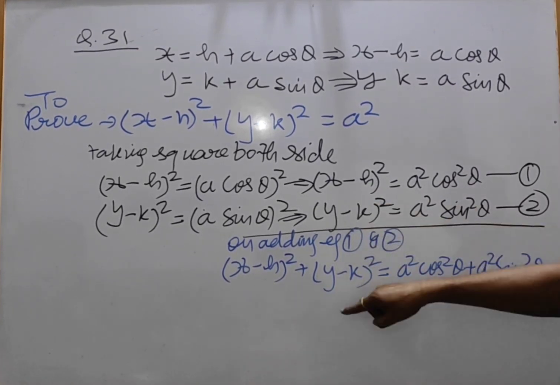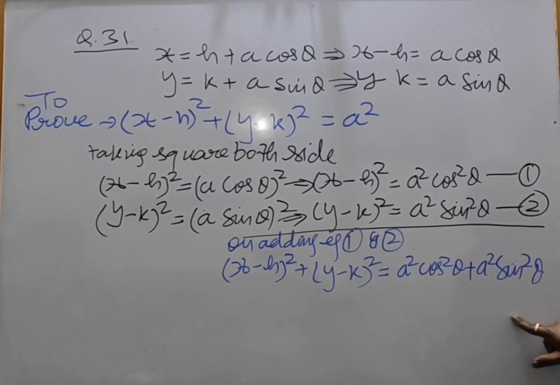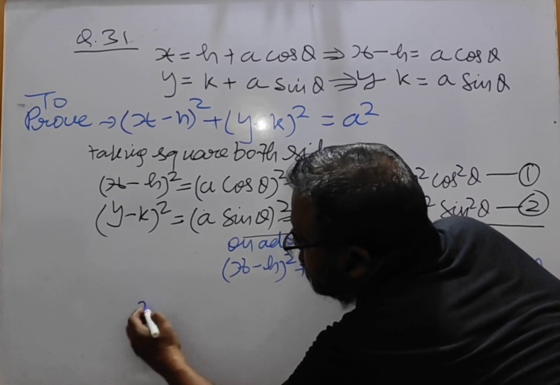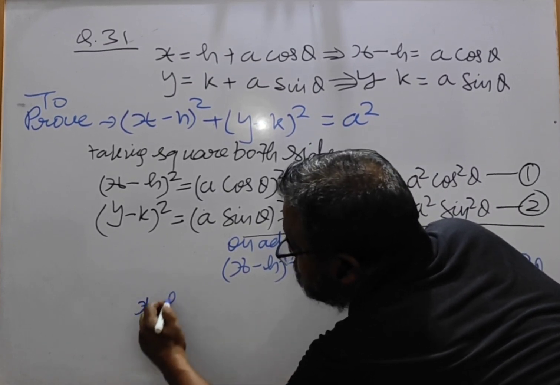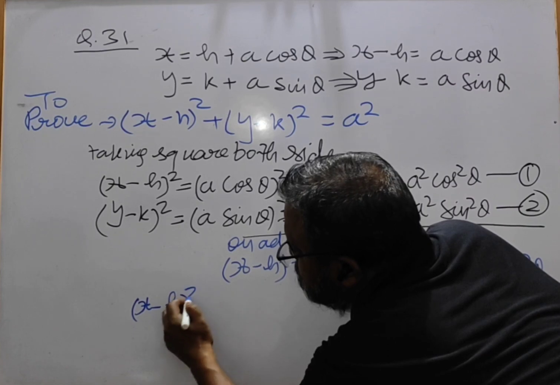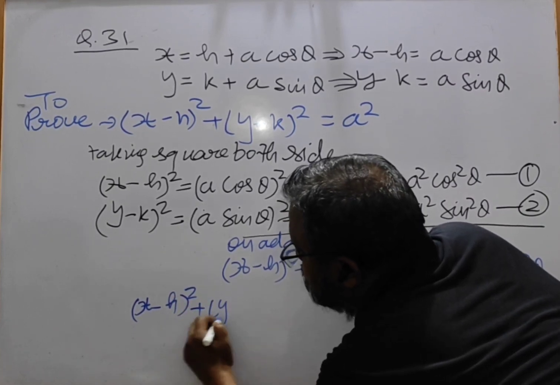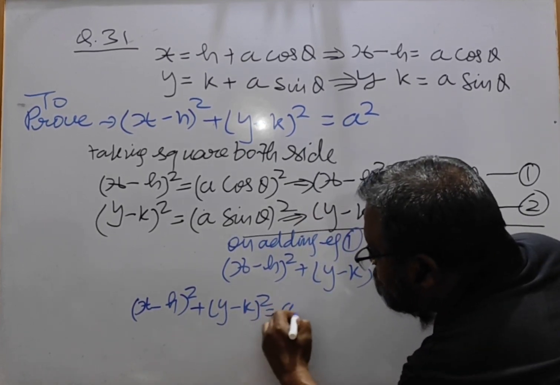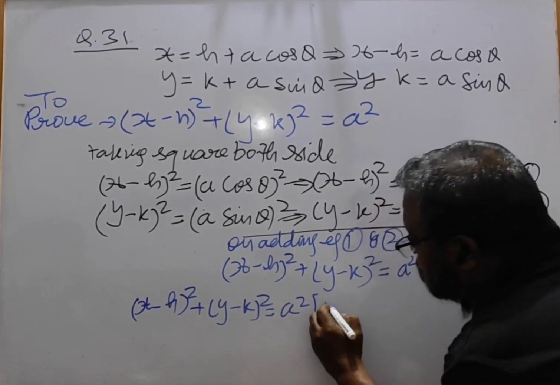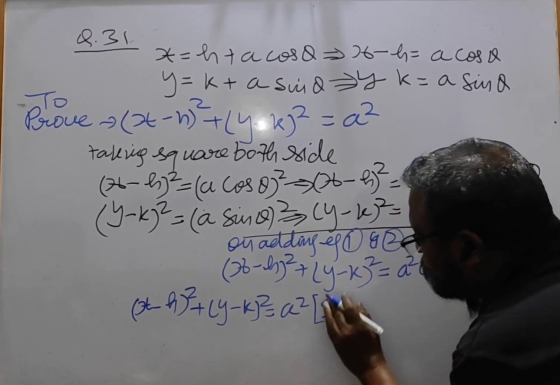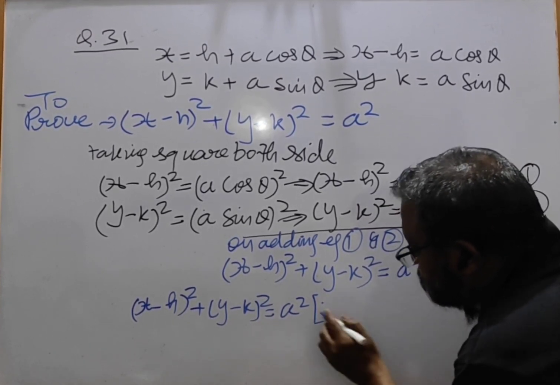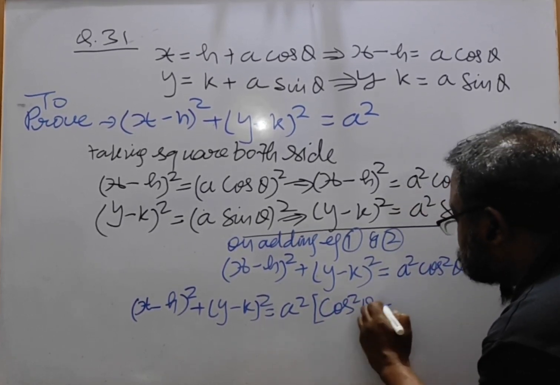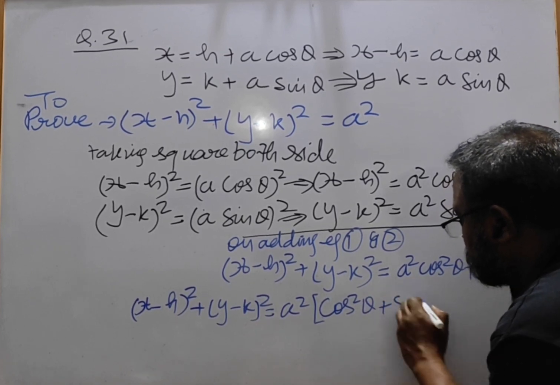Get it? On adding these two, we get like this. You take a square common, so we can write (x minus h) whole square plus (y minus k) whole square is equal to a square, taken as common, cos square theta plus sin square theta.